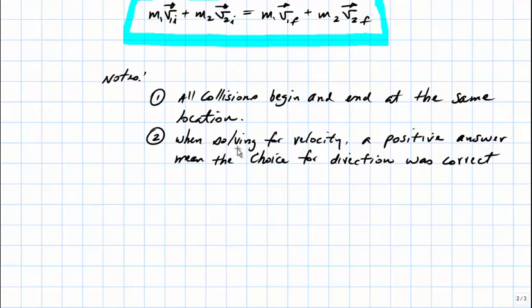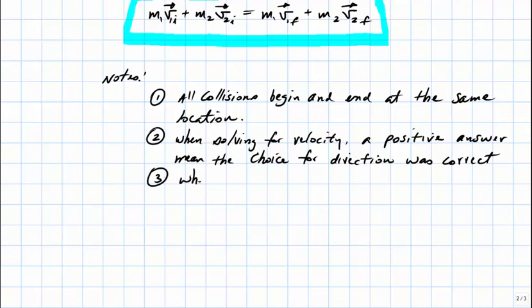In other words, we're not always certain regarding the direction that an object will travel following a collision. Therefore, sometimes we make an assumption about the direction. If the result turns out to be positive for the velocity, that means that the choice that we made was correct. Otherwise, it's incorrect.